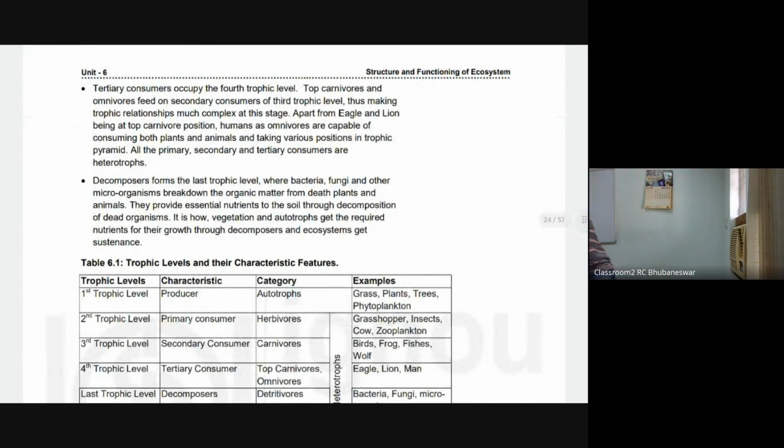Lastly, you have the decomposers. They include different microorganisms, like bacteria and fungi. They break down organic matter from dead plants or animals, and while breaking it down, they also release heat.